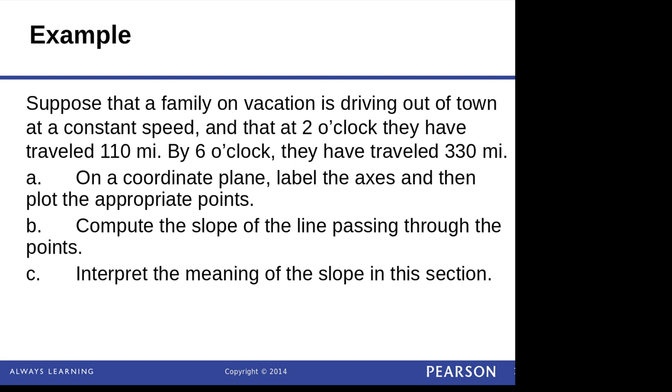So what I'm going to do here is switch back to the graph, and I'm just going to look at the time and the distance. Well, the time and the distance look like two variables to me. So I'm going to make a little grid here.